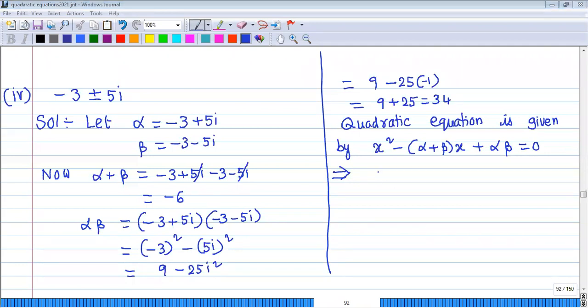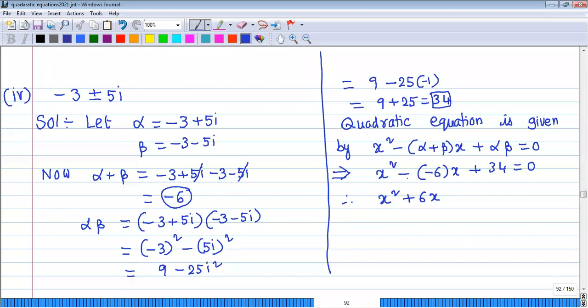Right. So we get x square minus of alpha plus beta, which is -6, times x plus alpha beta, which is 34, equals 0. Therefore, the required equation is x square negative into negative positive, so positive 6x plus 34 equals 0. This is the answer.